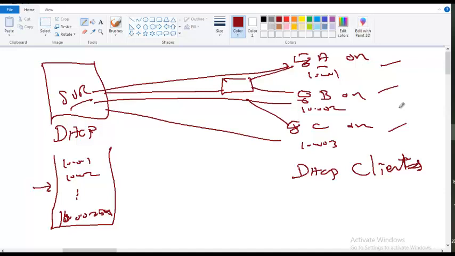And now you close the laptop, you go to the airport. In the airport, you try to use the free internet. You open the laptop again. You get an IP address from the DHCP server in the airport. The IP address that you got in your home network and the IP address that you got in the airport will not be the same, because it's from a different DHCP server.